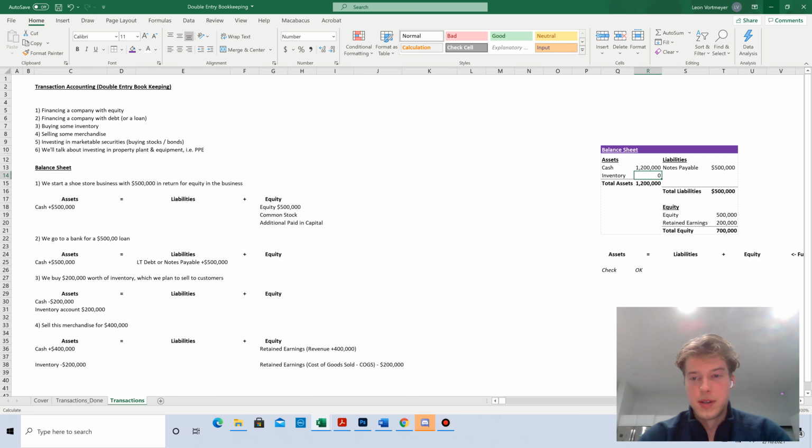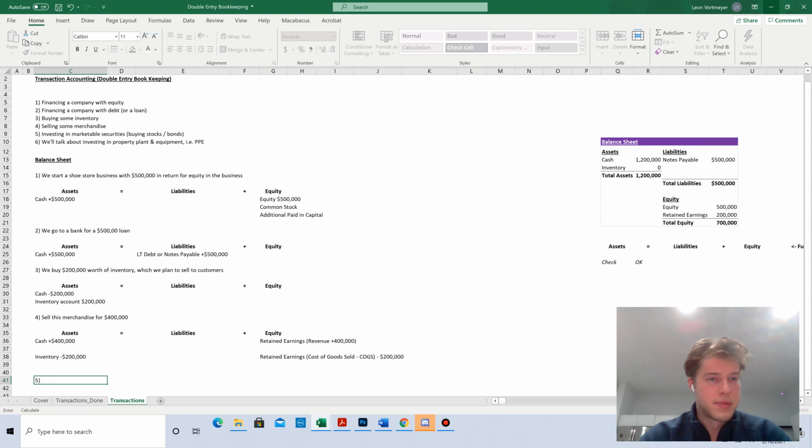So now let's do item 5, and this will be, again, a lot simpler than what we just did in item 4, and item 6 is going to pick up the pace again, and then we're going to close out with what are called adjustment entries.